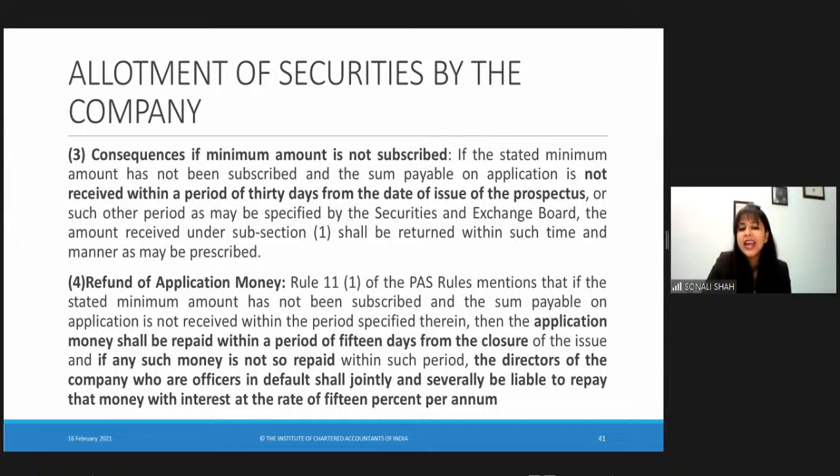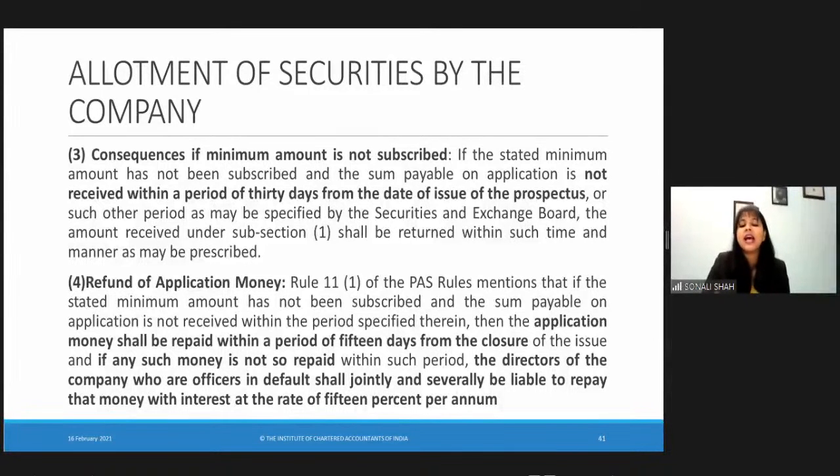And the period within which we need to achieve the minimum amount is within 30 days from the date of issue of prospectus or such other period as may be specified by SEBI. The law that we are studying here is company law. So as per Companies Act, if the minimum amount is not subscribed within a period of 30 days from the date of issue of prospectus, then the money that has been received on the application will be returned.